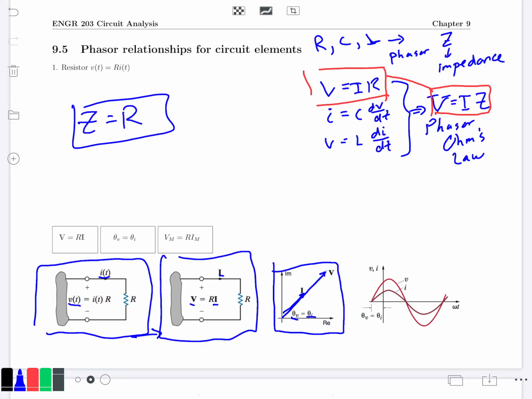Another way of looking at it is when you graph them, they are what's called in phase. In phase means you have the high points at the same point, the zeros at the same point, the low points at the same point, and so on. That means they're always going together. And so this is the most basic element we can deal with, and it works out quite nicely.